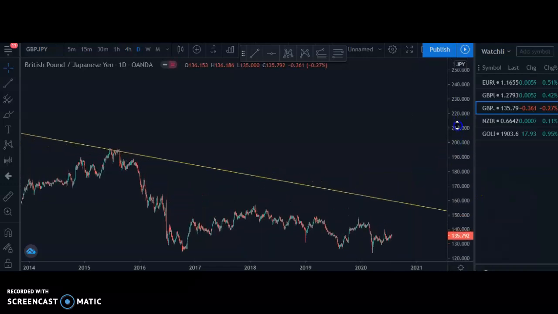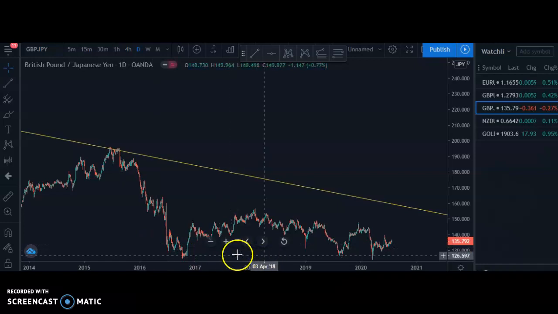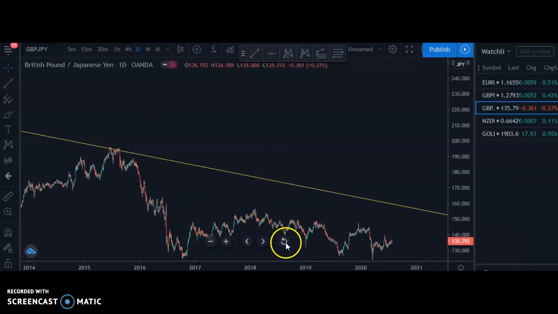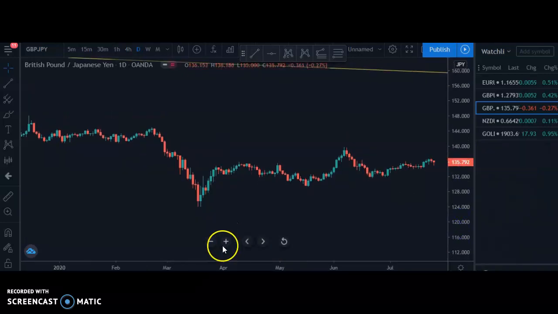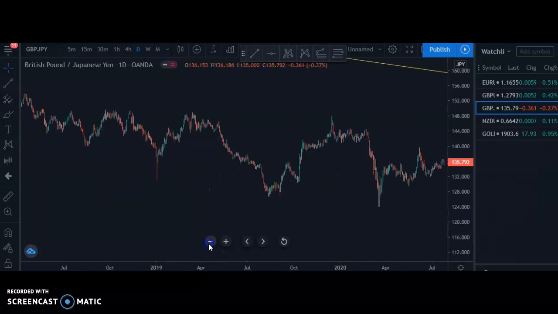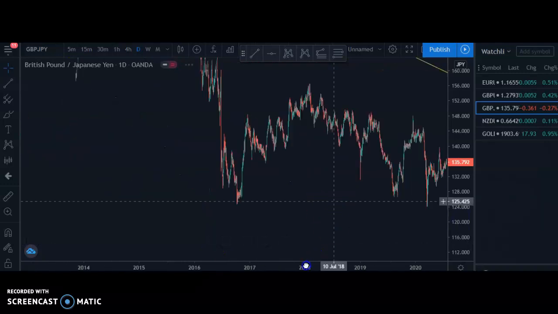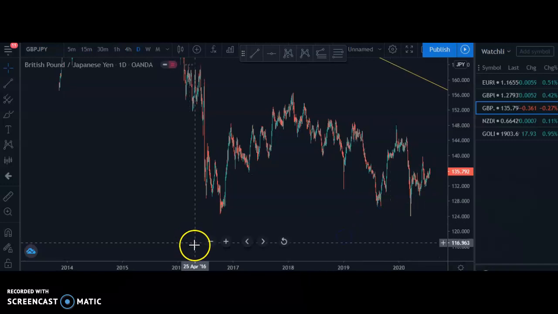We see the market is in a downtrend. We can take advantage of the short-term moves of the market.